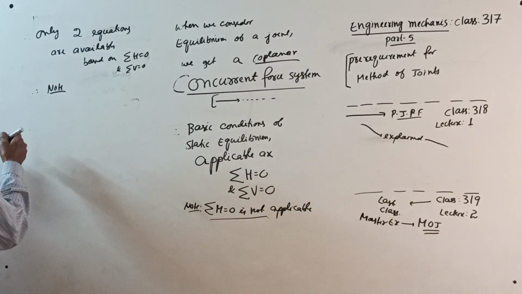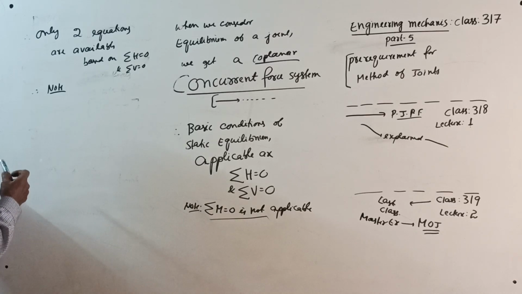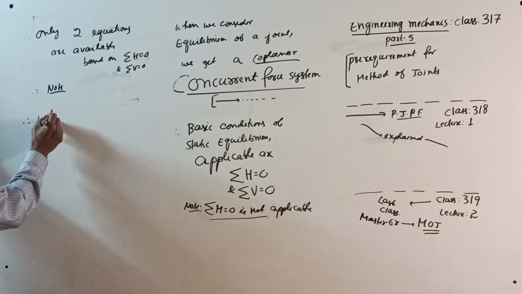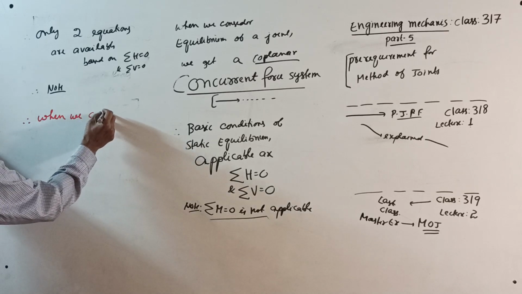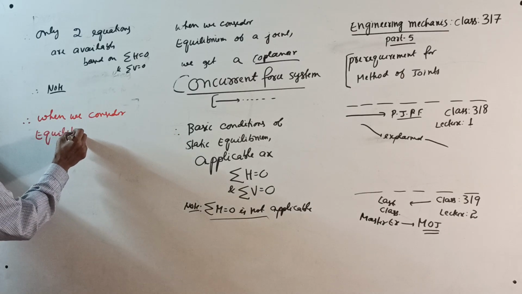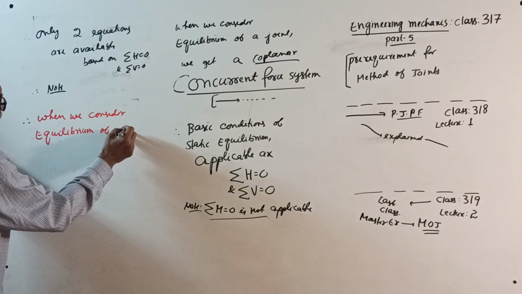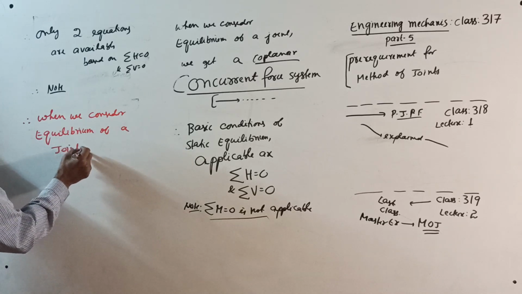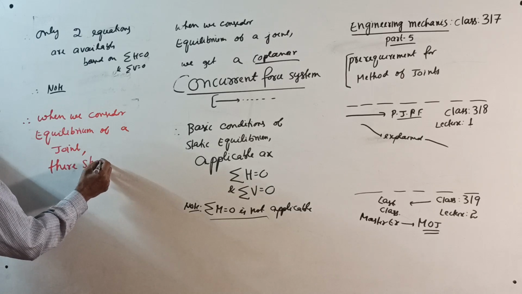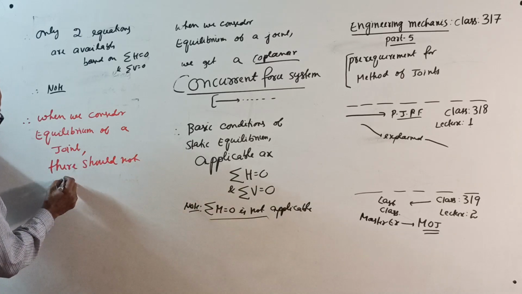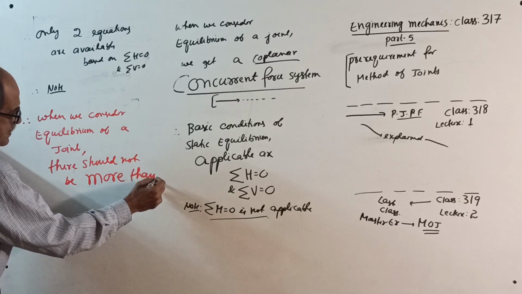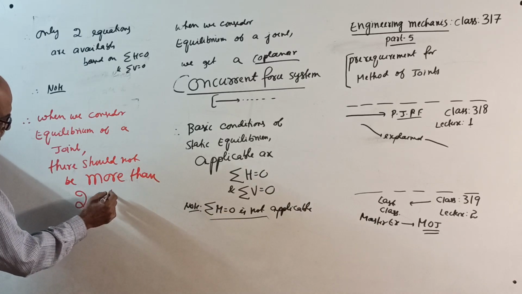So the number of unknowns should be equal to the number of equations. Therefore, very important, in red color: when we consider equilibrium of a joint, there should not be more than two unknown forces.